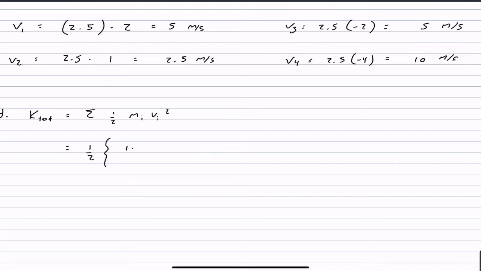So we have 1 times v1 is 5, so 5 squared. And then number 2, we have 4 kilograms, so 4 times 2.5 squared, plus v3. Number 3 is 2 kilograms times 5 squared again, plus 3 kilograms times 10 squared. Okay? So then we just add all this up.